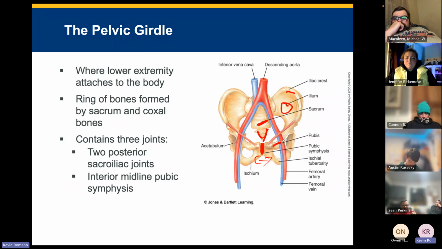Now you can go even more, the ischial tuberosity, but then we have our femoral vein and femoral artery. Remember, this is the descending aorta, which is the size of a quarter in diameter with a lot of blood flow, right? And the inferior vena cava takes the oxygenated blood back to the heart.